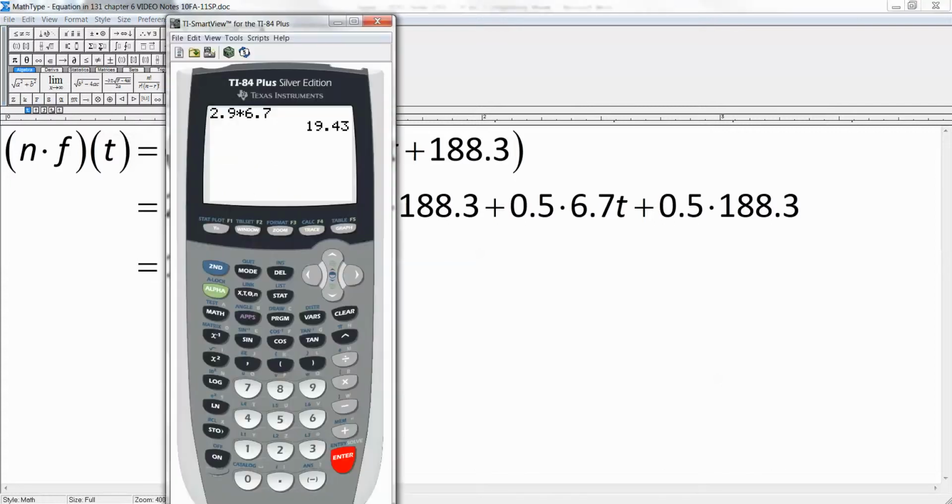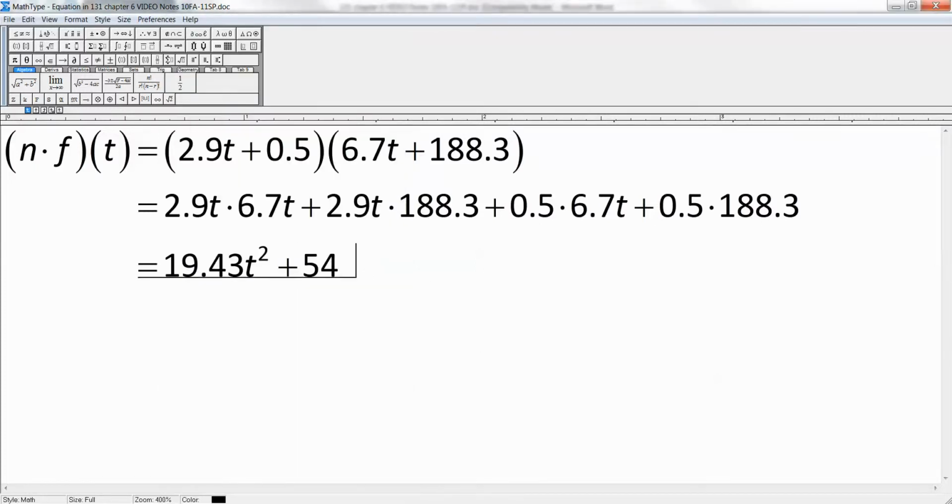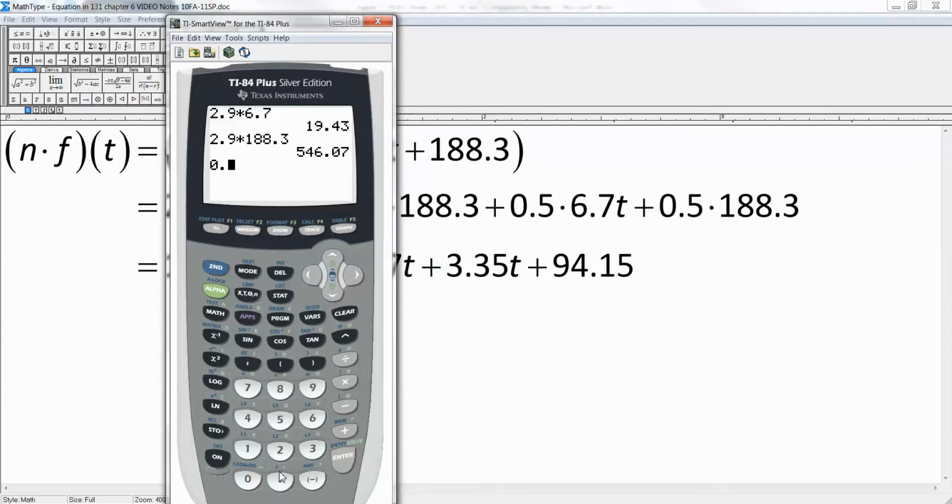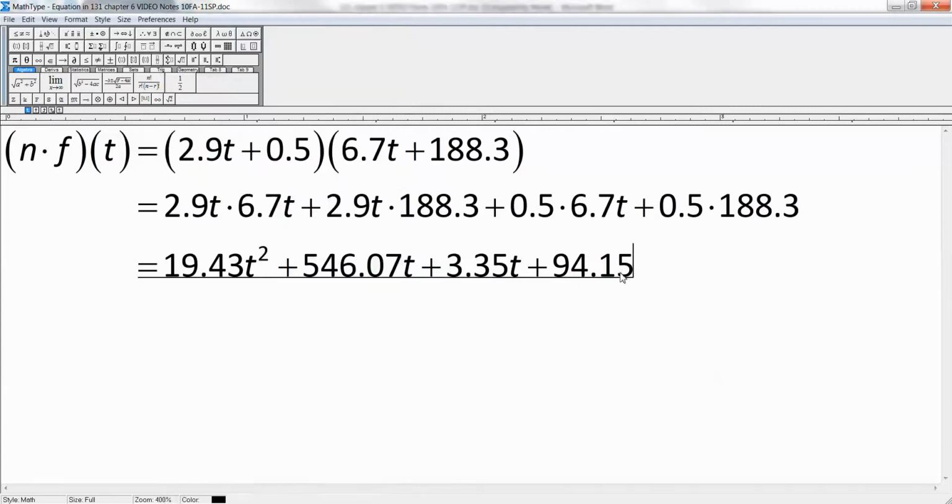Plus, now I need the calculator again, 2.9 times 188.3. 546.07 t plus, this one I can do in my head, that's 3.35 t plus, let's see, I gotta think about that, 94.15, right? Yep, 94.15. But again, if you don't believe me, you can do 0.5 times 188.3. There you go. I was right.